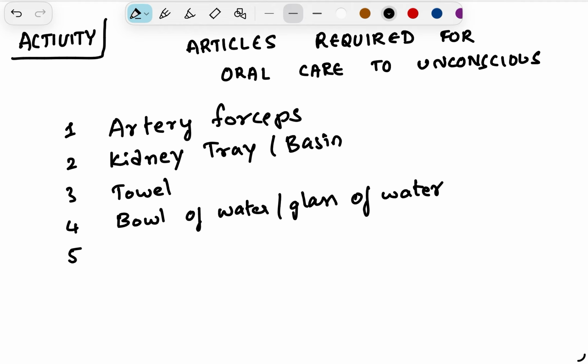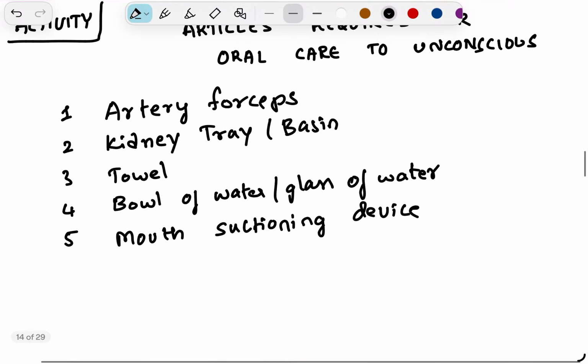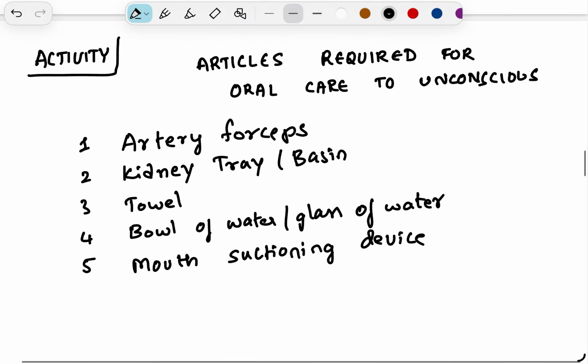Mouth suction device. Very good. Please close the door there. Yes. So, these are your predictions, these are the 5 articles that you know, isn't it?